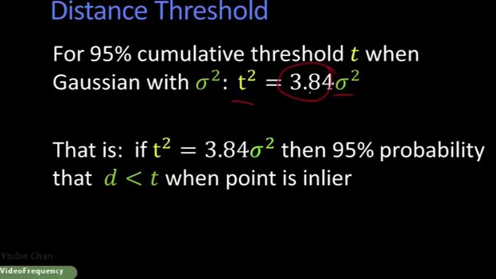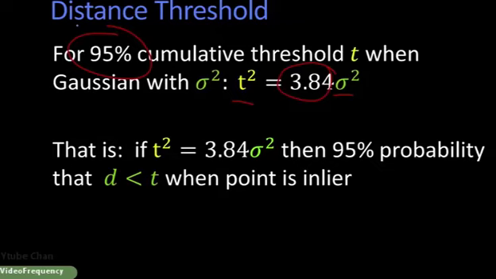Where the heck does 3.84 come from? Well, I just arbitrarily said, let's pick a threshold such that 95% of the inliers would fall within that threshold. So for 95%, if you've got sigma squared, I set t squared at 3.84 sigma squared. If you wanted 99%, you'd have to make it a bigger threshold. If you're willing to remove some points, you'd make it a smaller one. But the idea is that you have some threshold.